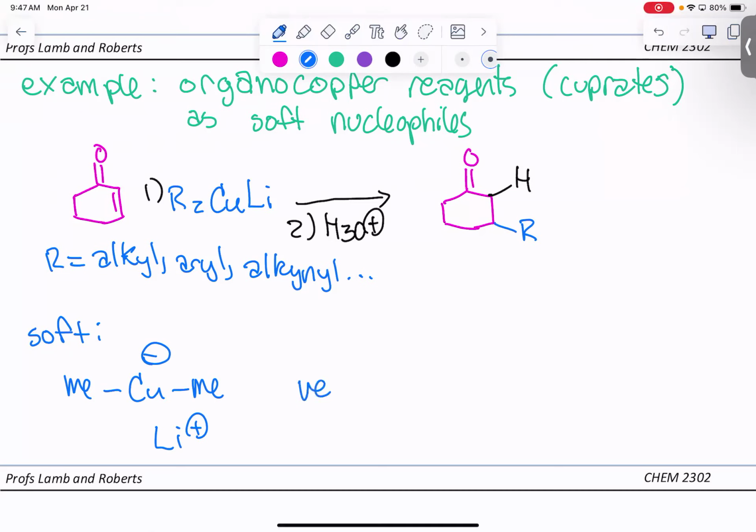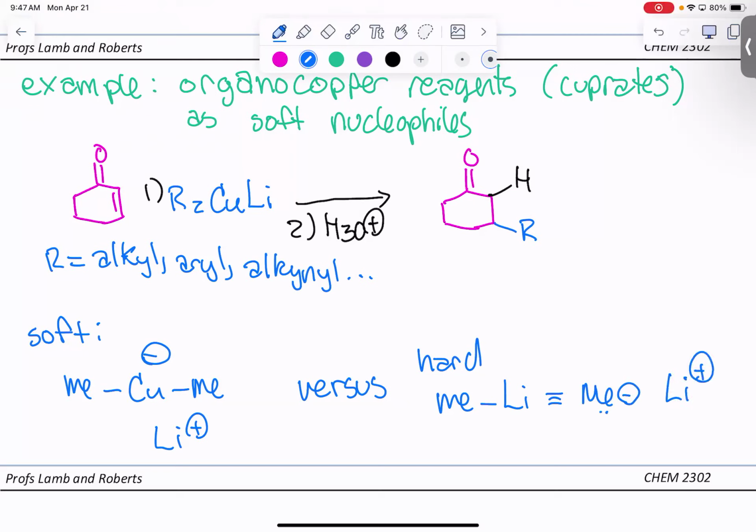So let's contrast that to our hard nucleophiles, right? Let's do methyl lithium, it's the closest one. We said that that is equivalent to our methyl group having a minus charge and a lone pair on it and a lithium plus.